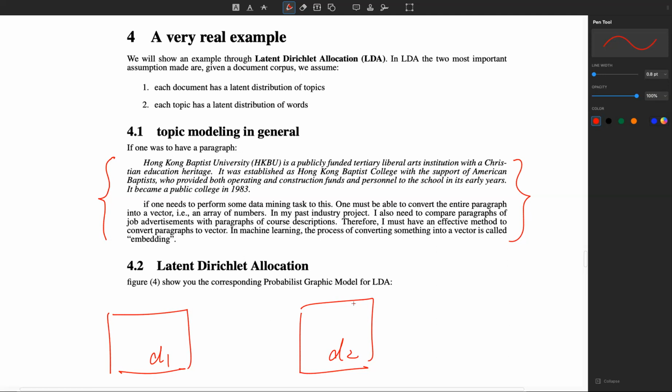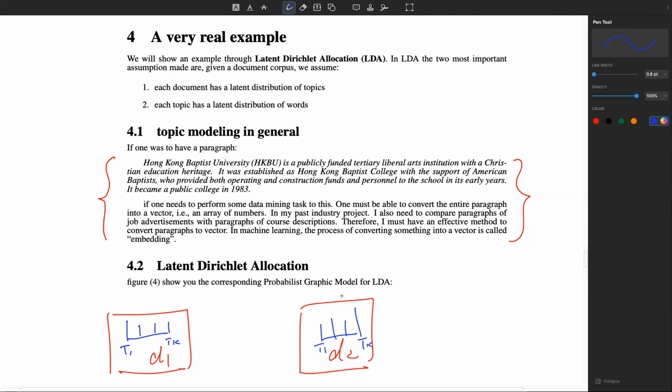So the idea is that this latent representation indicates the percentage or the weights of the topics, T1 to TK. Every document will have T1 to TK, but with different proportions. Does that make sense?